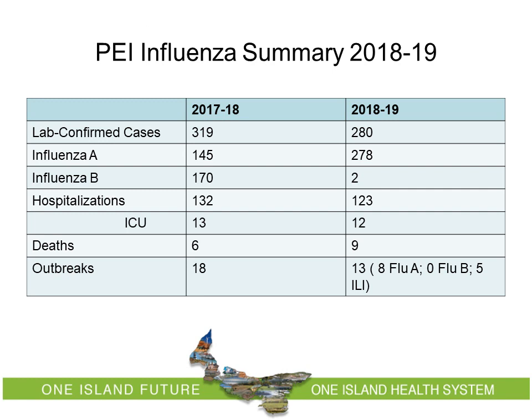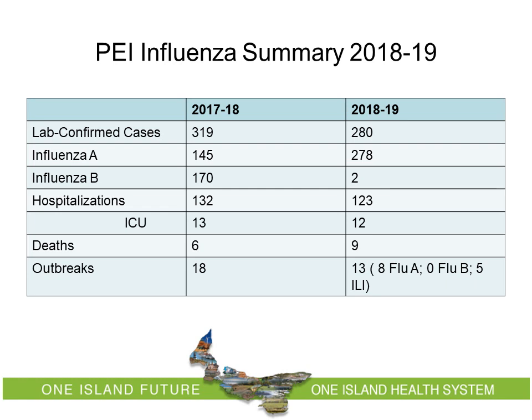The 2018-2019 influenza season began in PEI in mid to late October 2018, with the season declared over in mid-May 2019. This table compares the 2017-18 season with the 2018-19 season.